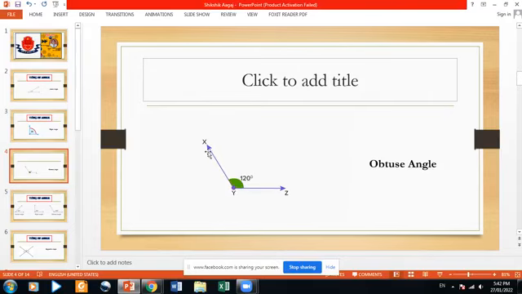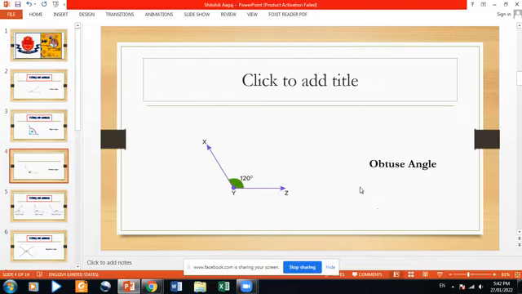another ray is making more than 90 degrees, such types of angles are known as obtuse angles. In an obtuse angle, one ray is horizontal or at any degree, and if we measure this angle and it is more than 90 degrees and less than 180 degrees, remember, these are obtuse angles.